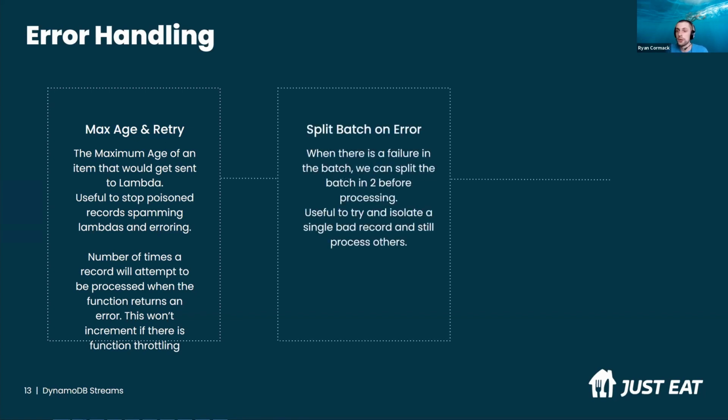An interesting and useful error handling strategy for these batches is you can split on error. So as an example, if we were using a batch size of 100 and there was an error anywhere inside that batch, we would return an error from our function or throw an exception. And then the Lambda service would essentially split that 100 item batch in half and then only give us 50 to retry.